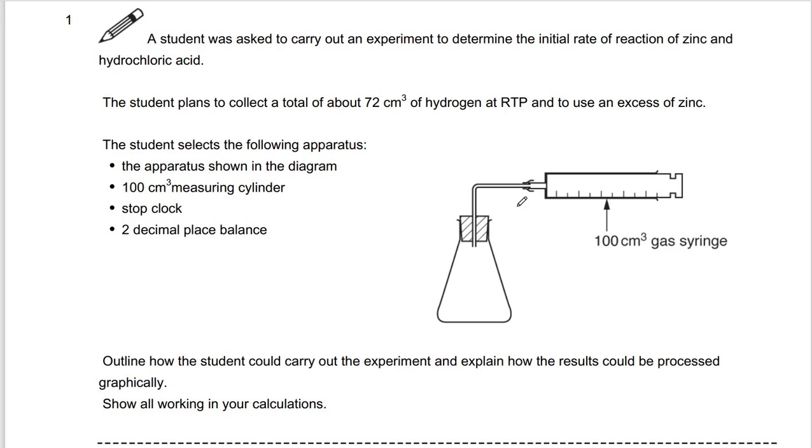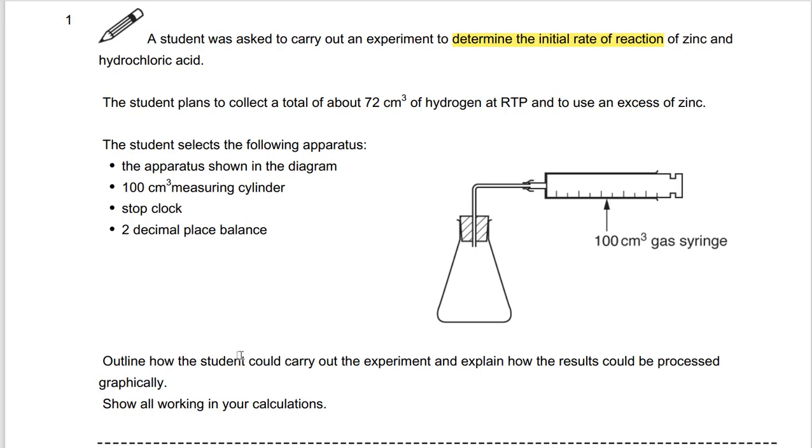Essentially, there's three parts to this question. I'm just going to highlight the bits you need to actually do here. It's really important: they're trying to determine the initial rate of reaction. That's what they're trying to work out.